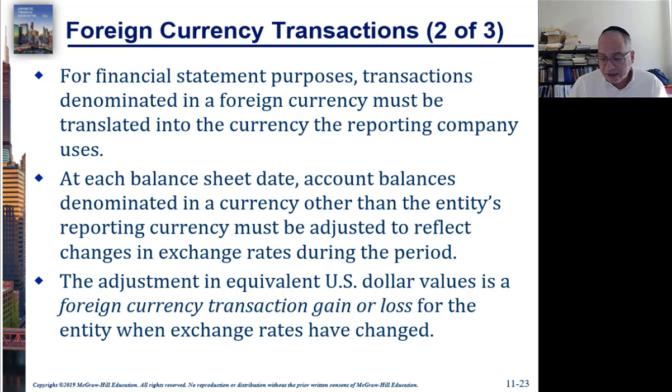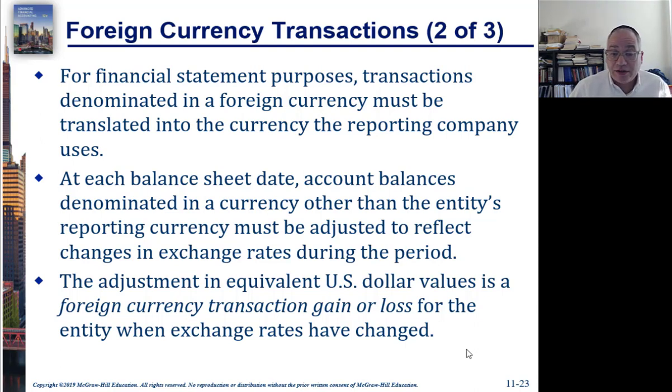So you may have, let's say, a receivable that's denominated in euros, and someone owes you 1,000 euros. The value of 1,000 euros in US dollars is going to change constantly. So every reporting period, at the end of the period on the balance sheet date, you're going to need to restate the value of that receivable into whatever the US dollar equivalent is of 1,000 euros on that date.